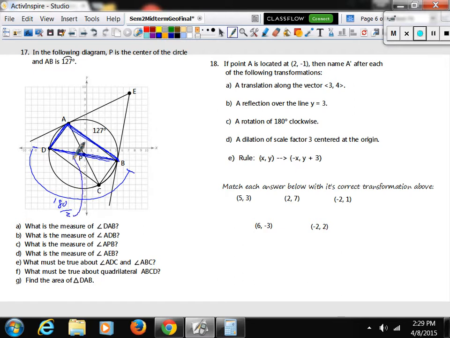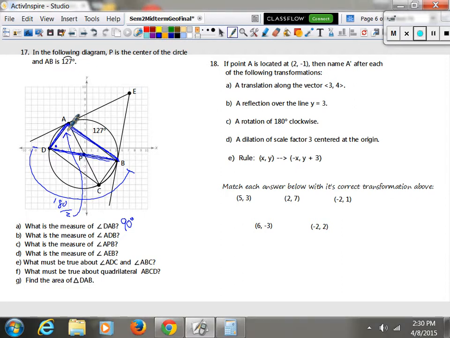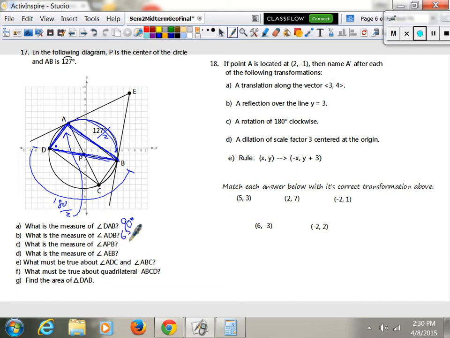Divided by 2 is going to give me this angle, which is 90 degrees. ADB is this angle right here. That opens up to this arc, so it's 127 divided by 2. That'd be 63.5 degrees. Would be letter angle D or ADB.